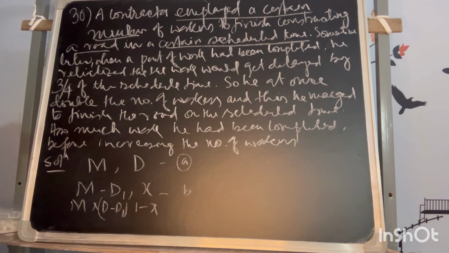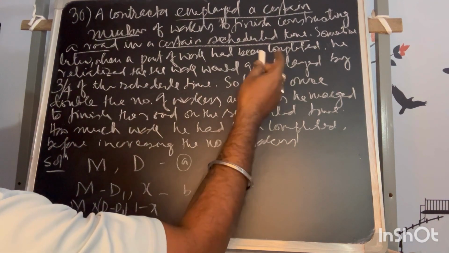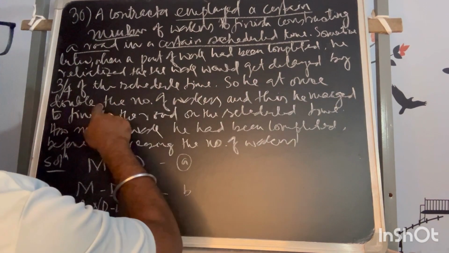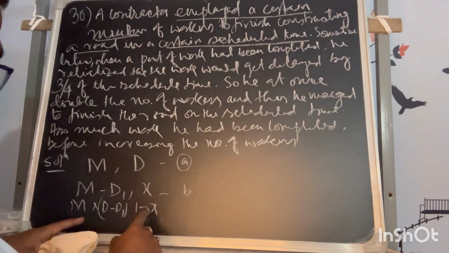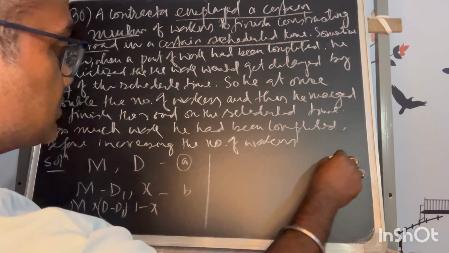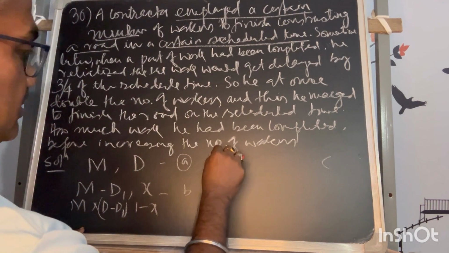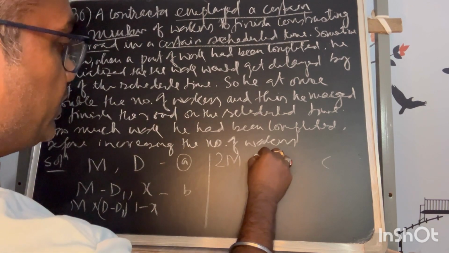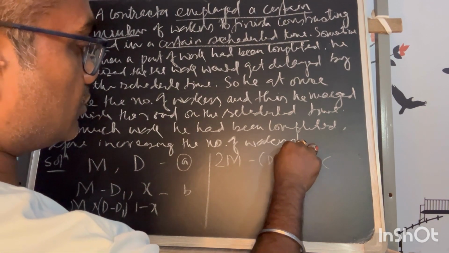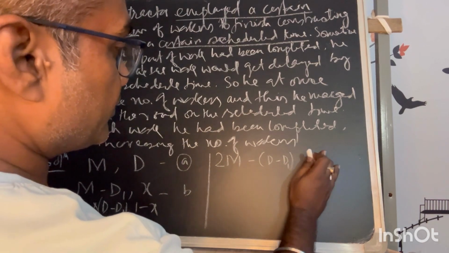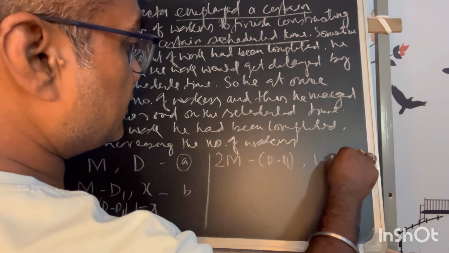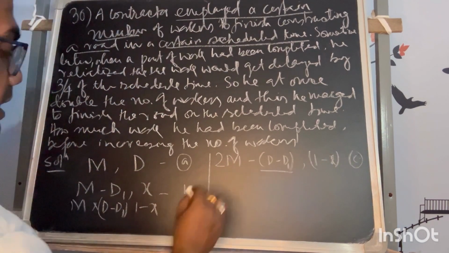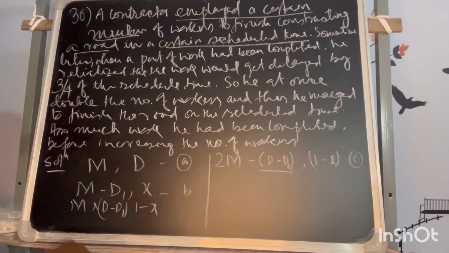Okay, so this is the realization he is having. After realizing, what he does is at once double the manpower. So in part C, he has doubled the manpower to finish the remaining job. That means the part of the job he has done and the remaining job, this is part C. Within this time frame he has to complete, so he doubled the manpower.